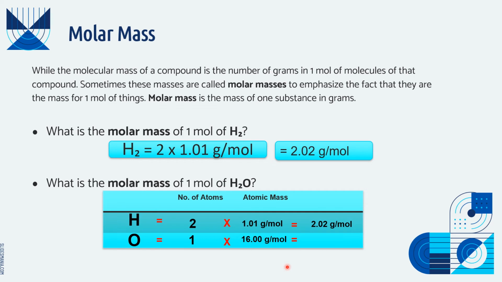So 16.00 times 1 is 16.00 gram per mole. Now we add 2.02 gram per mole plus 16.00 gram per mole. The answer is 18.02 gram per mole. That's the molar mass of 1 mole of water. So the molar mass of H2O is 18.02 gram per mole.